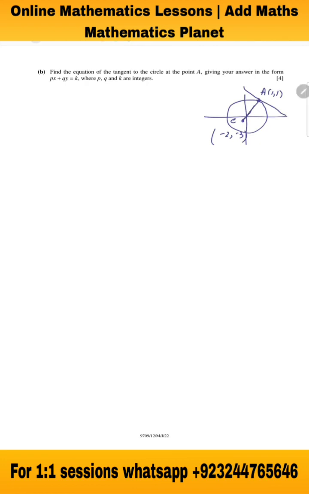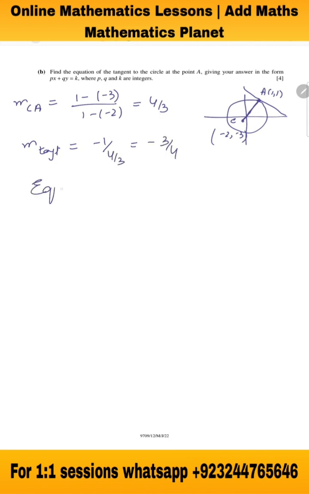Okay, so what is the measurement? Because we have both the coordinates of C and A, we can find the slope of CA, which will be equal to 1 minus. So now we can find slope of the tangent. So now equation of tangent.